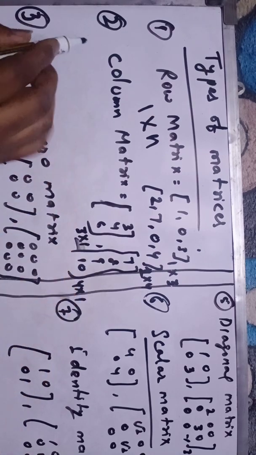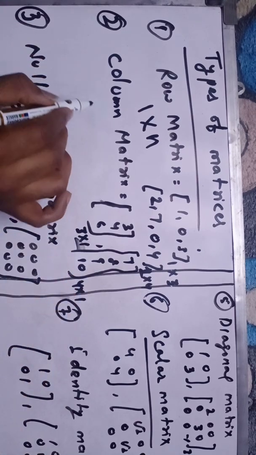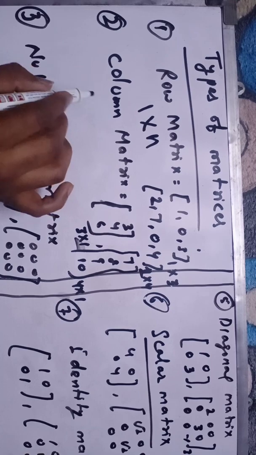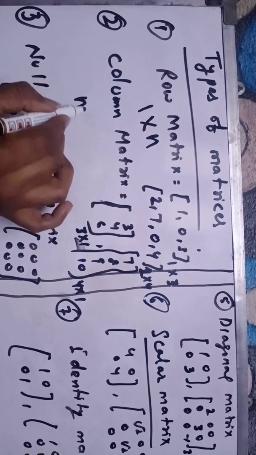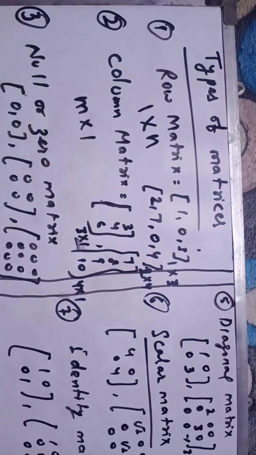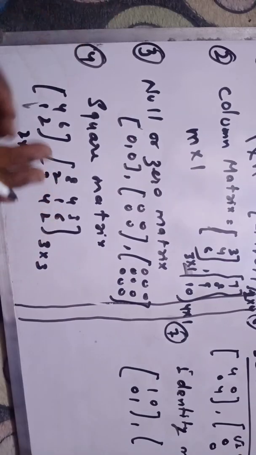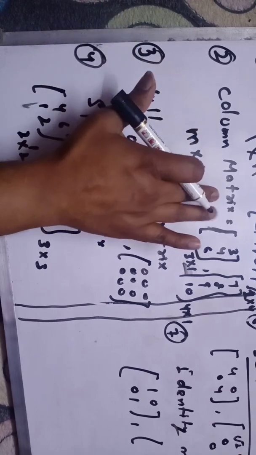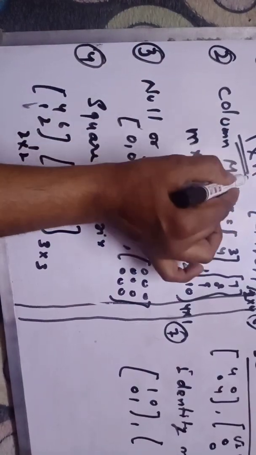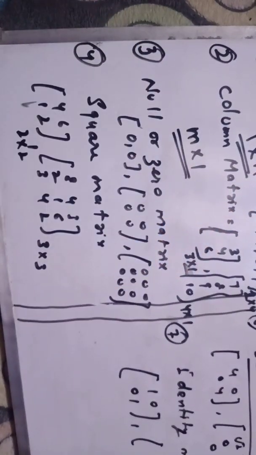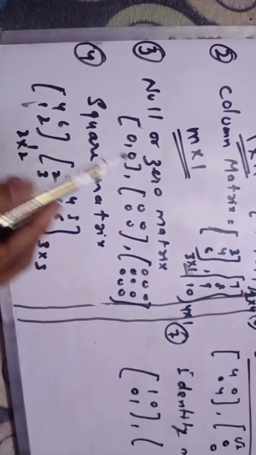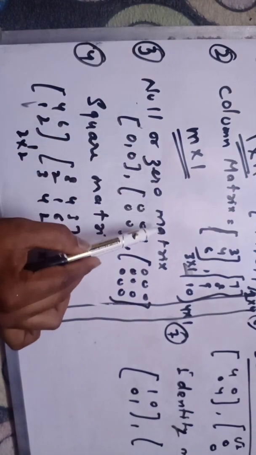And generally if we write the possible order of this matrix, it would be m by 1. So this is the row matrix, this is a column matrix, and the general order of this matrix is this, and the general order of this matrix is this.